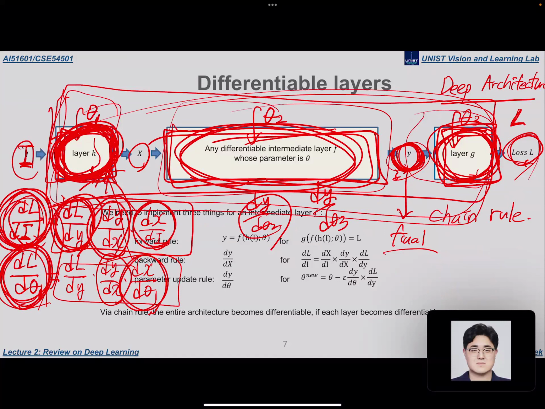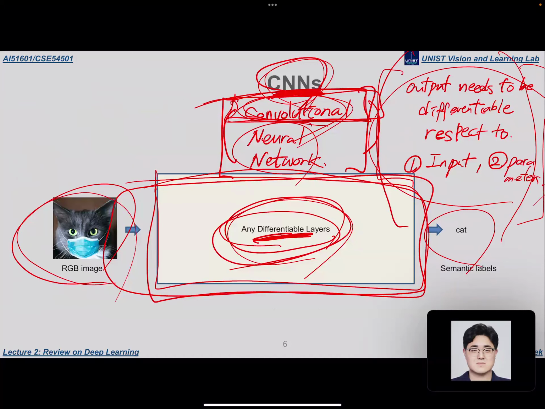And convolution is an operation widely used in the image processing domain, and it's differentiable, right? So people use convolution for the image classification field, and it works well, okay? So it became popular.